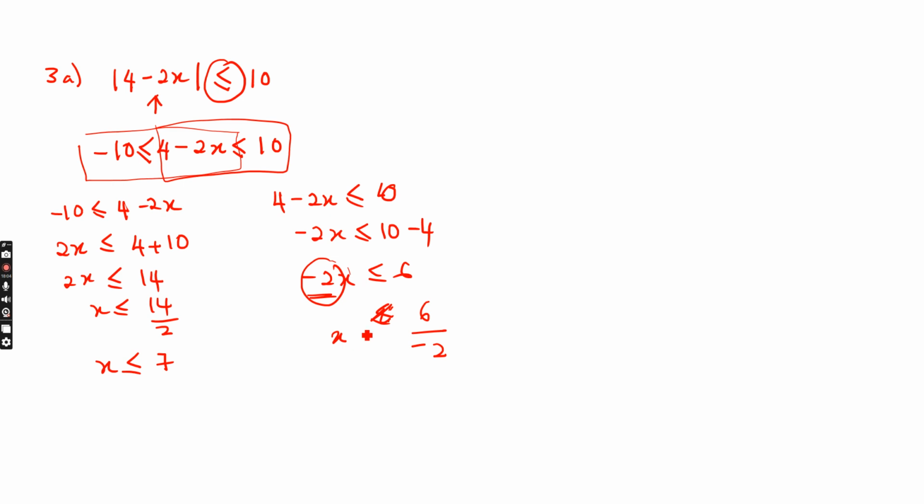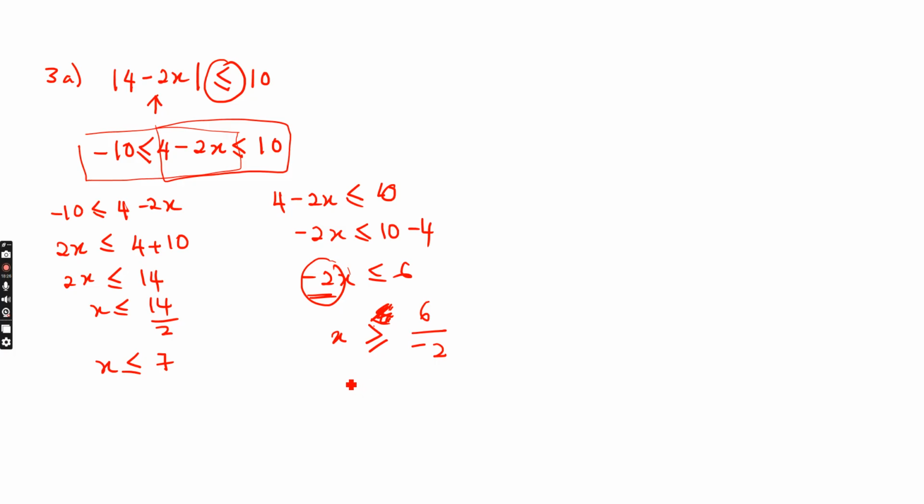Then here we have x, right? But the thing is, when we want to divide by a negative value, we need to change the sign here. Instead of less than, it will become greater than, because this is a negative value. So now what we need to do is just solve.